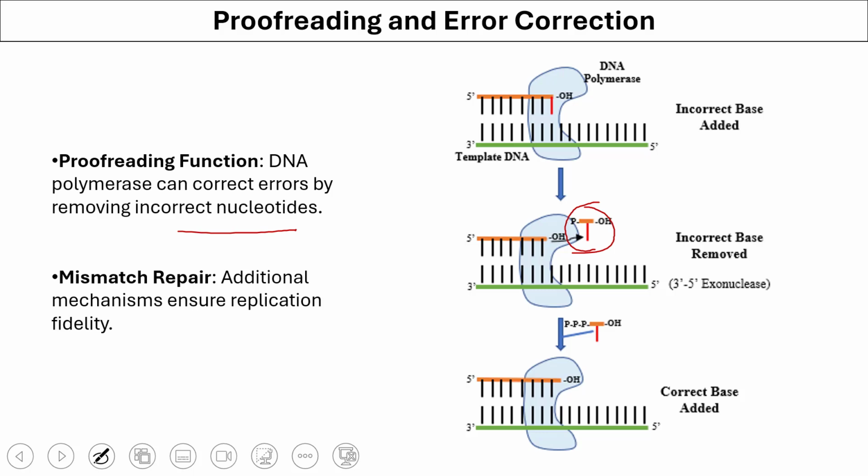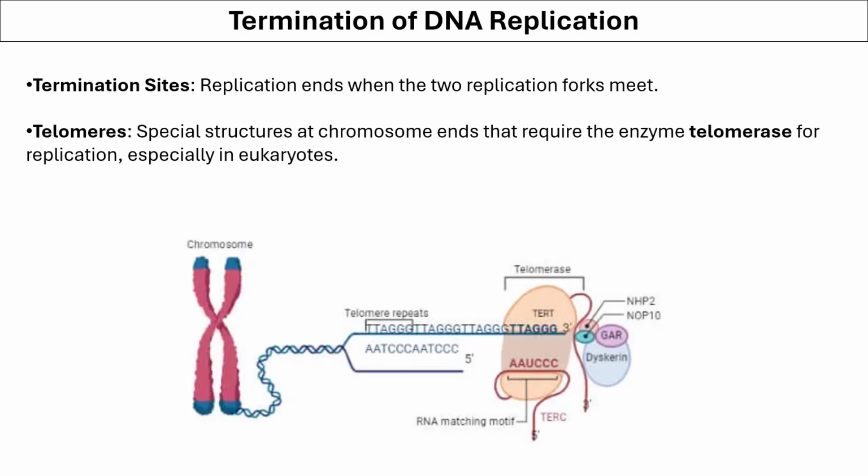DNA polymerase can correct errors by removing the incorrect nucleotides and then bringing in the correct nucleotides at specific locations wherever there are errors. There are other kinds of enzymes, such as nucleases, involved in the mechanism of repair of mismatched nucleotides. These nucleases can be exonucleases, which cut at the end of the strand, or endonucleases, which cut somewhere in the middle of the strand.